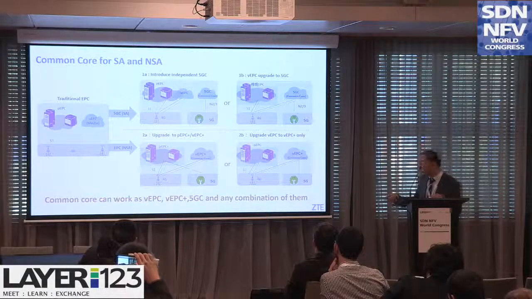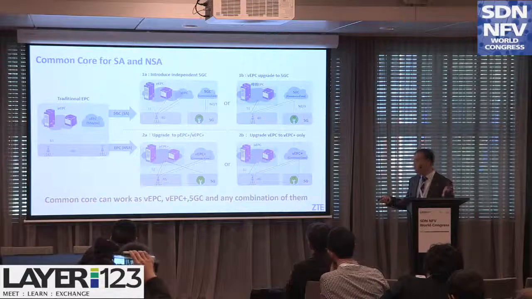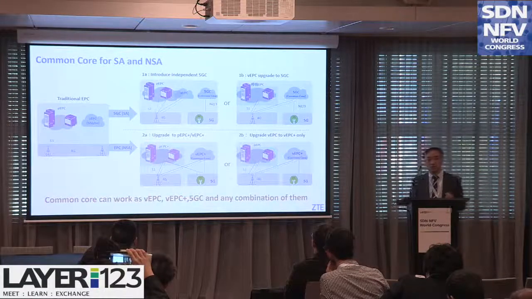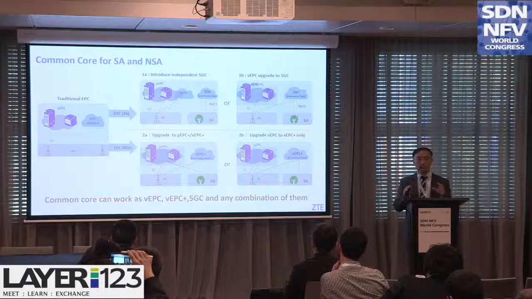In fact, the common core can work as a virtualized EPC, EPC Plus, maybe 5G EPC, standalone 5GC, and any combination of them. This gives our customers many flexible choices to start with their existing network and move to the target 5G network as well.